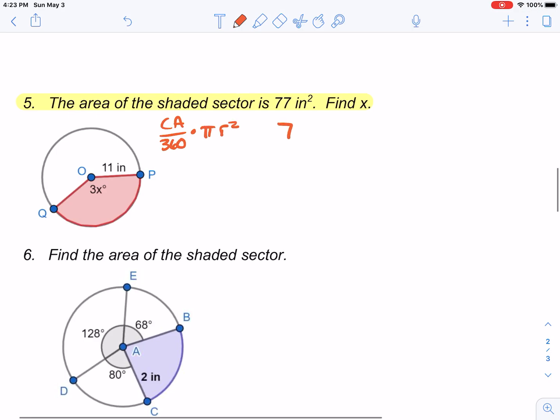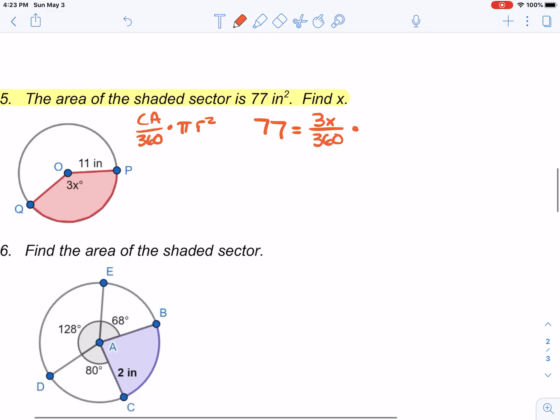So I'm going to start off by saying 77 is going to equal 3x, that's our central angle, over 360 times our area of that circle, so pi times 11 squared. Okay, so I'm going to go ahead and simplify that just a little bit more.